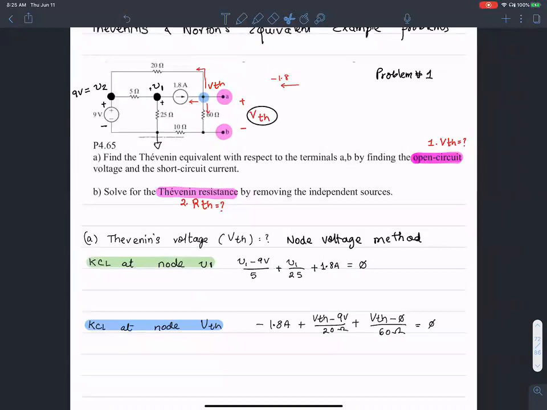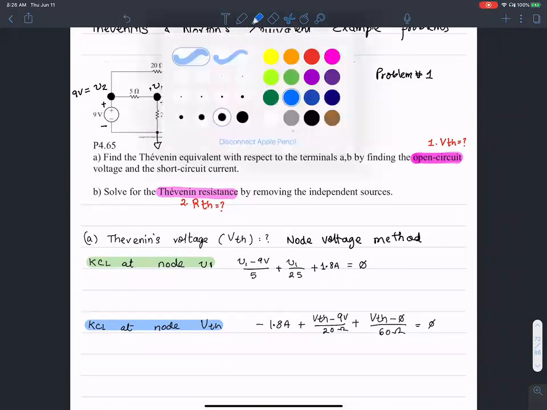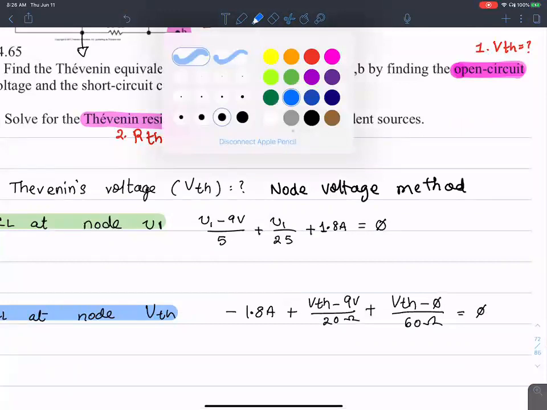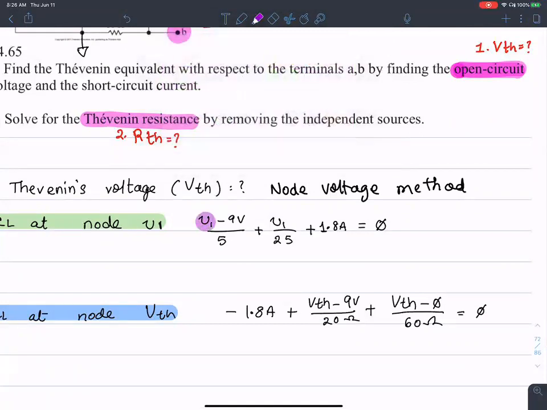Now it's a matter of massaging these equations left and right. When you solve for VTH, it seems there are 2 unknowns here. Let's identify the unknowns. V1 is an unknown and VTH is an unknown.